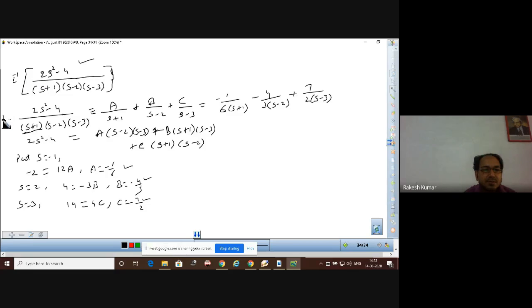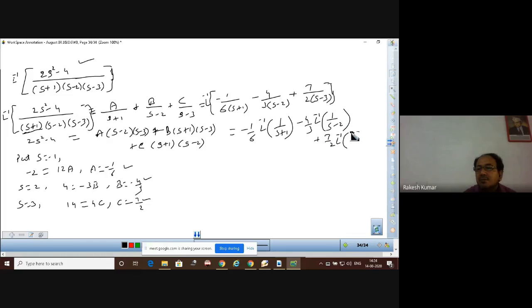You can get the Laplace inverse of each complete term. Constants can be taken out by the linear property: minus 1 by 6 Laplace inverse of 1 over s plus 1, minus 4 by 3 Laplace inverse of 1 over s minus 2, and plus 7 by 2 Laplace inverse of 1 over s minus 3.